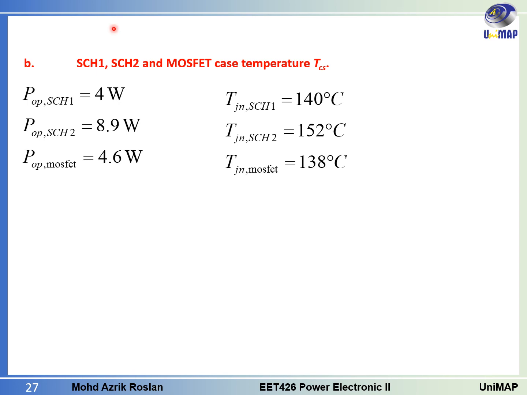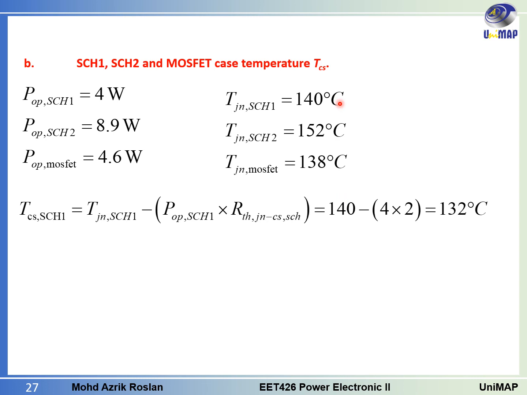Now we want to find the solution for the next question, which is the case temperature of Schottky 1, Schottky 2, and Mosfet. We already have the junction temperature for all three components, so we can use the equation. The case temperature for Schottky 1 is equal to the junction temperature of Schottky 1 minus the power dissipation of Schottky 1 multiplied by RTH junction to case.